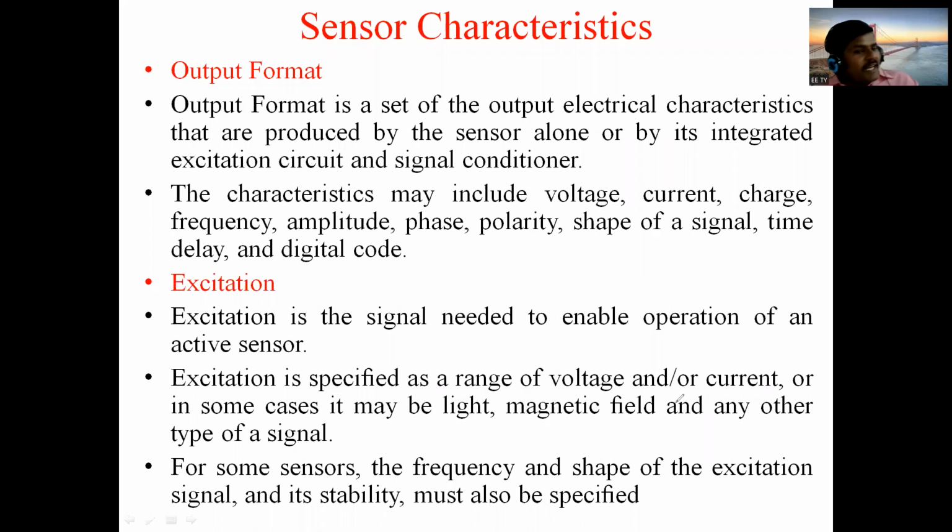So the output of that sensor is in electrical form, and the electrical characteristics include voltage, current, charge, frequency, amplitude, phase of the signal, polarity, shape of the signal, time delay, and digital code.